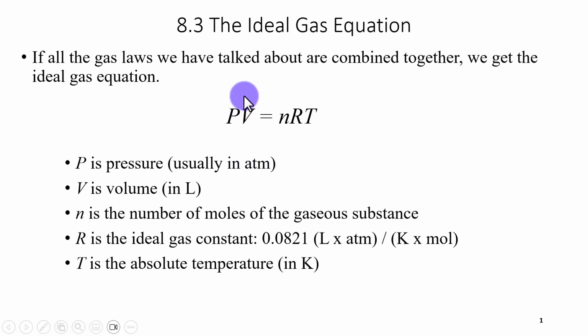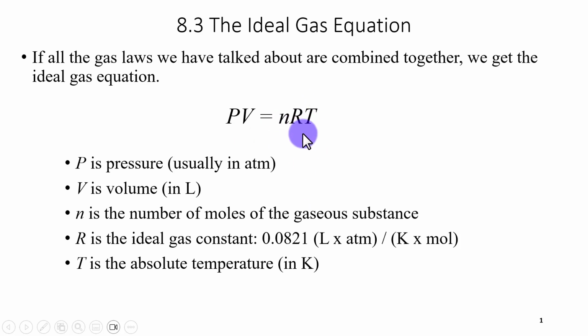This is now where everything is changing. So pressure can change, volume, number of moles, and temperature. P is pressure, and we use it depending on what the ideal gas constant value is.